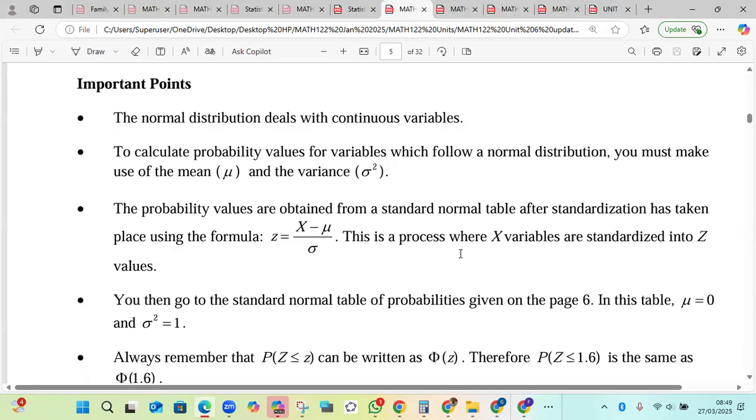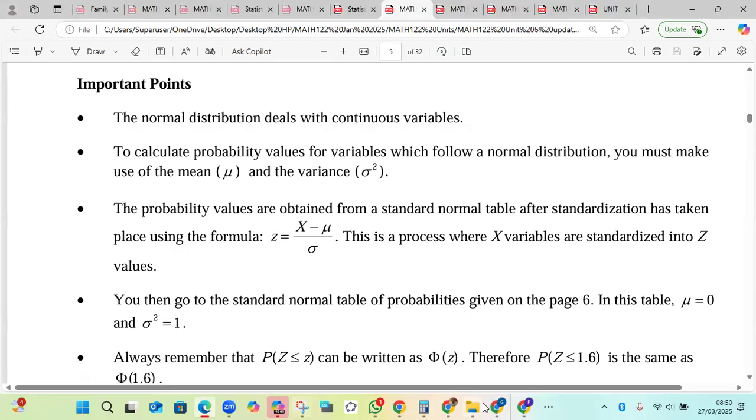I think that's where the letter Z came from, the word standardized. This is a process where X variables are standardized into Z values. Then you go to the standard normal table of probabilities given on page 6. In this table, mu is 0 and sigma squared is equal to 1.